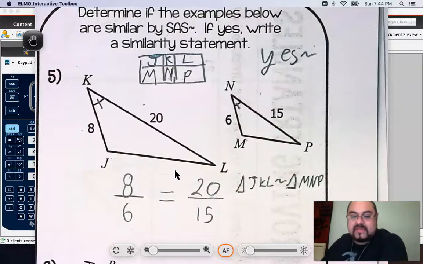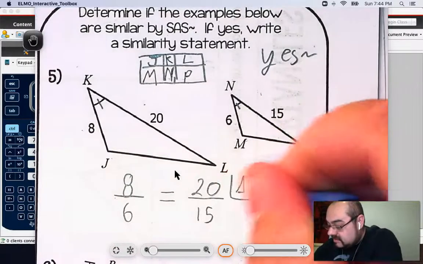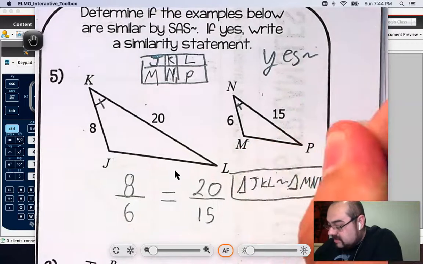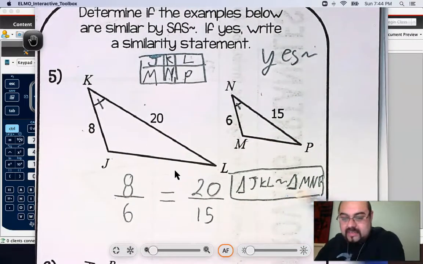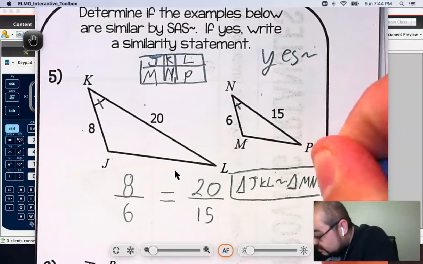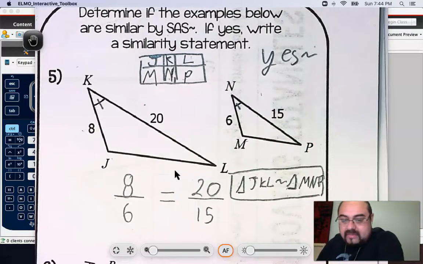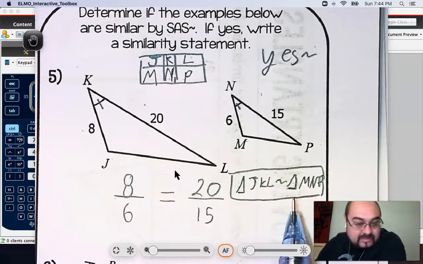Sorry, I'm having to write small there, but there's my answer. The first part of my answer is yes, they are similar. The second part of my answer is the congruency statement. If you guys can see that. Triangle JKL is similar to triangle MNP.